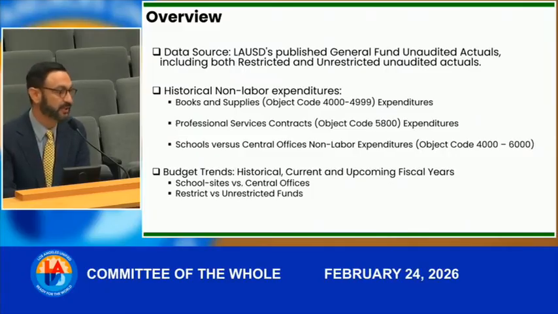That would also include things like custodial supplies. The next big category of non-labor is other operating expenditures, and within that, we have the professional services contracts or consulting contracts. And we're also going to look at the other category, which is capitalized equipment. Certain technology purchases are the best example.